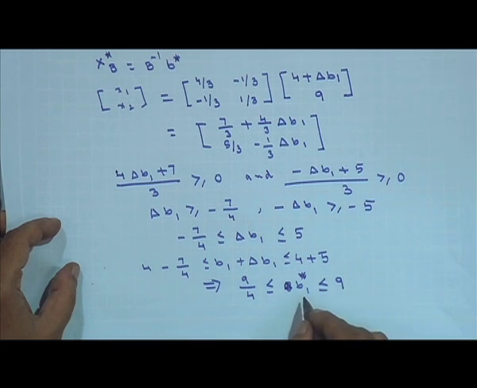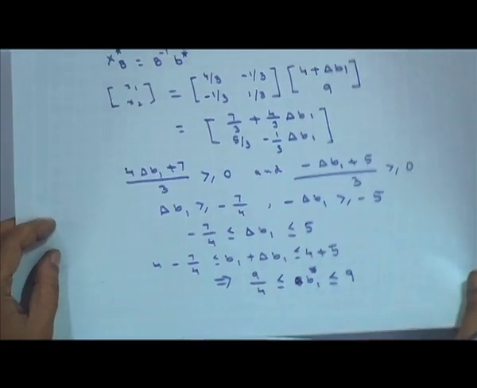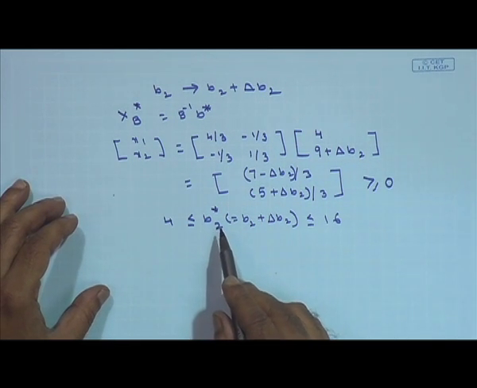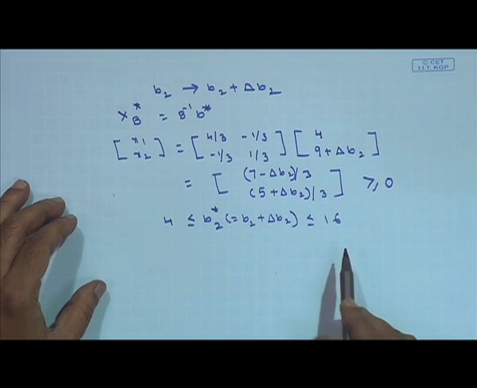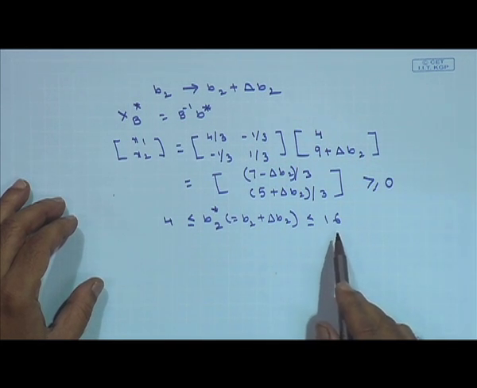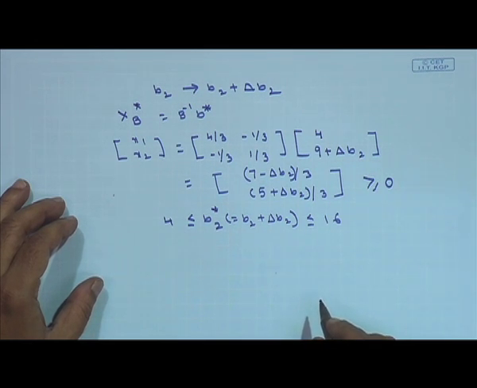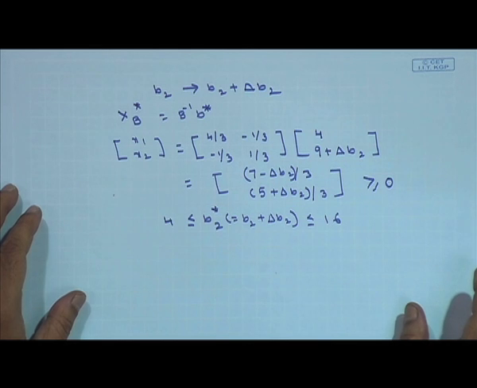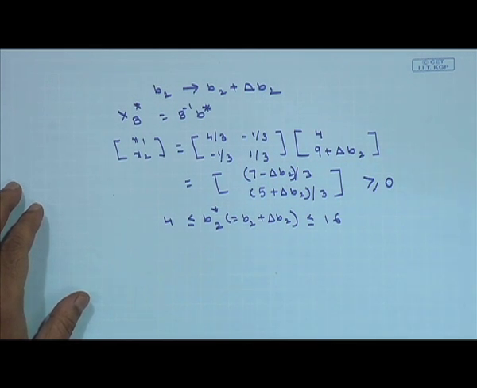For the earlier case it will be not delta B1 but B1 star, and here it is B2 star. So, B2 star can take values from 4 to 16. In other sense, the original value of resource 2 was 9. If you increase it up to 16, then also the optimal solution of the original problem will remain as it is.